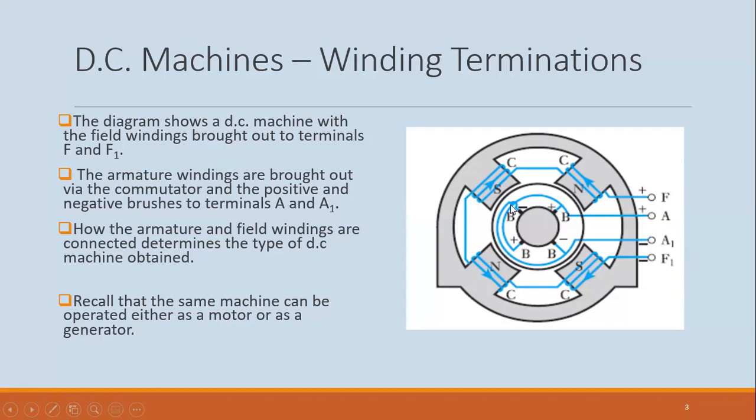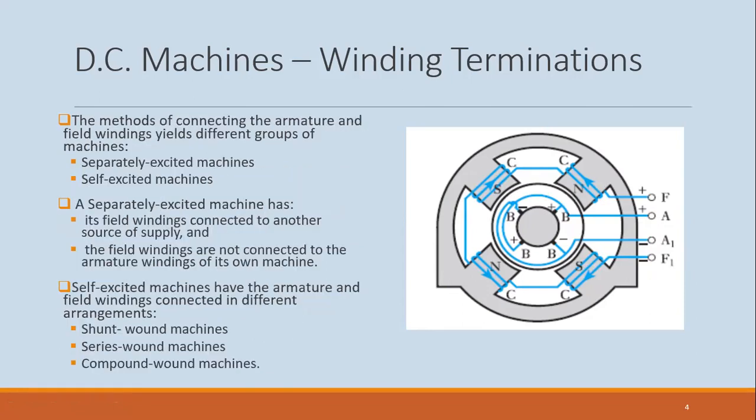And the armature conductor is connected via the commutator and via the brushes to terminals A and A1. Now how these are actually connected together will determine the type of machine that we have. At the same time, you should remember that the same machine can be operated either as a motor or as a generator.